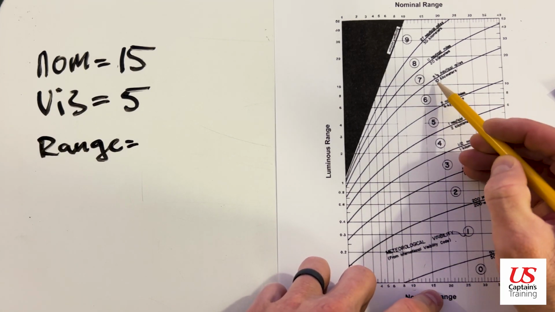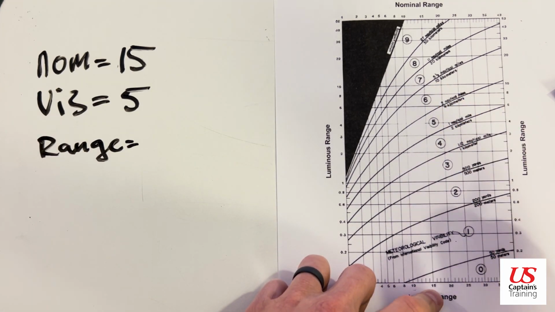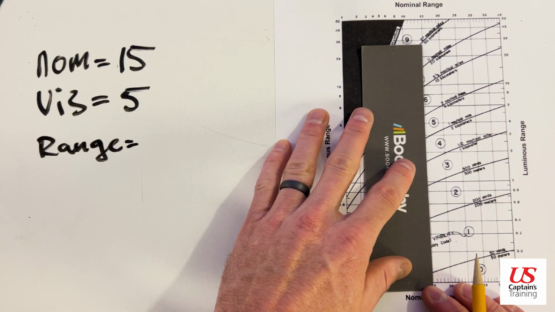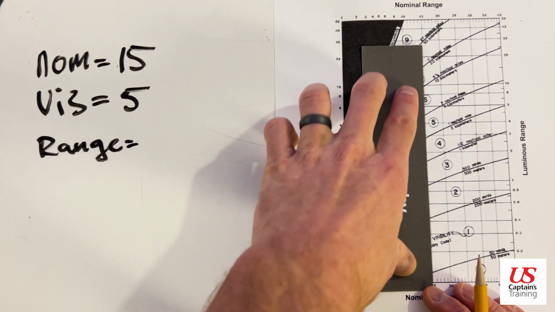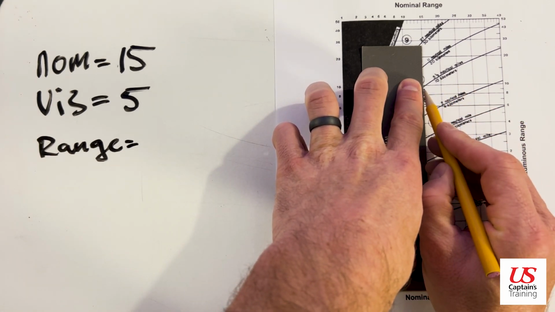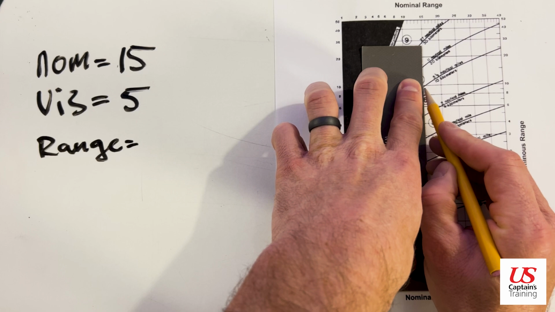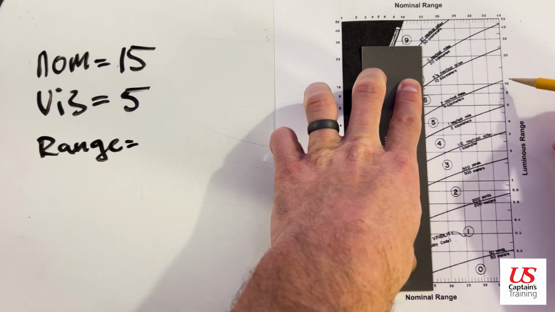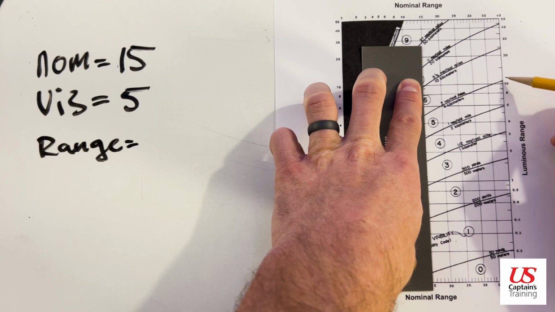Here's 2. Here's 5.5. So we're going to be just below that 5.5. Line it up on 15, and here's where 5.5 hits it. But we're just a little bit below 5.5. And as you go up, you can see that the tick marks get smaller and smaller.